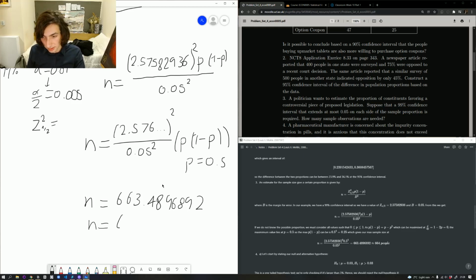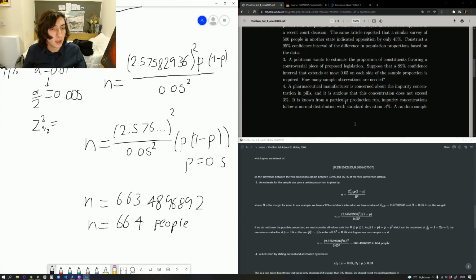So it becomes 664 people. I have heard that if you round that Z value, you can get a higher number, like 666. Oh, how satanic, right? So be careful not to round too severely the value of Z alpha, because that's going to affect you quite a lot.